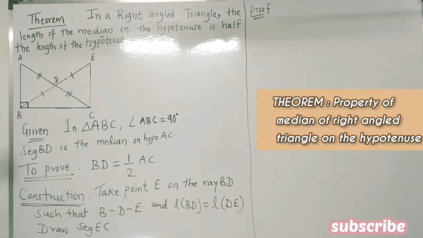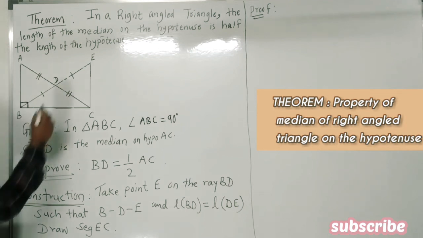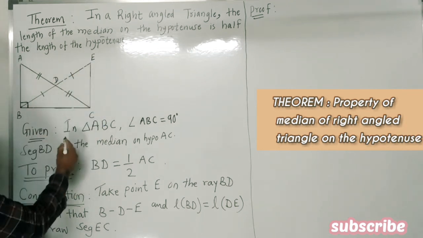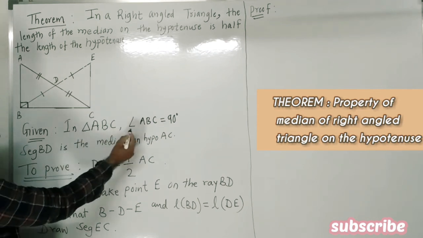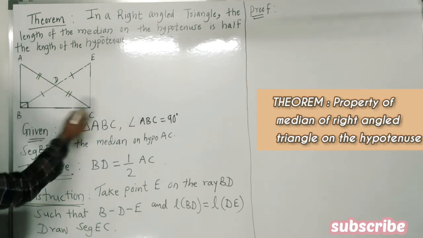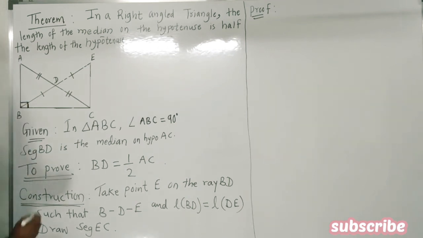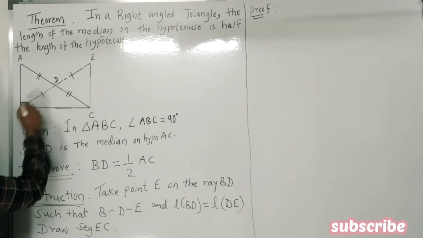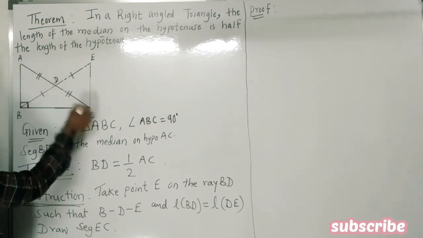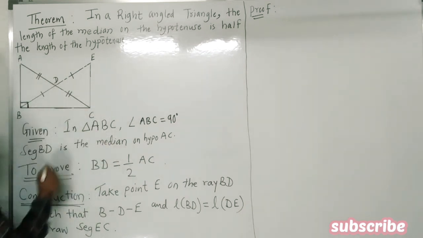There are two parts in this statement: first is the given part and second is what to prove. Given: a right angle triangle ABC, in which angle ABC is 90 degrees and segment BD is the median on hypotenuse AC.